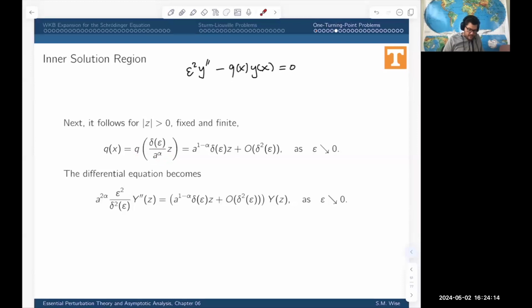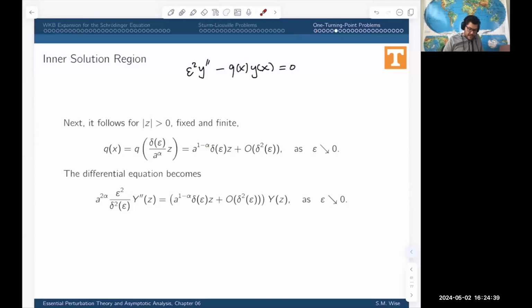Now we're going to think about fixing z and think about an expansion for this as epsilon gets small. If that happens, then delta is going to get small. A is a fixed parameter, so it's not getting small, but this is. And so this works out to be, in the transformed coordinates, a to the 1 over alpha.